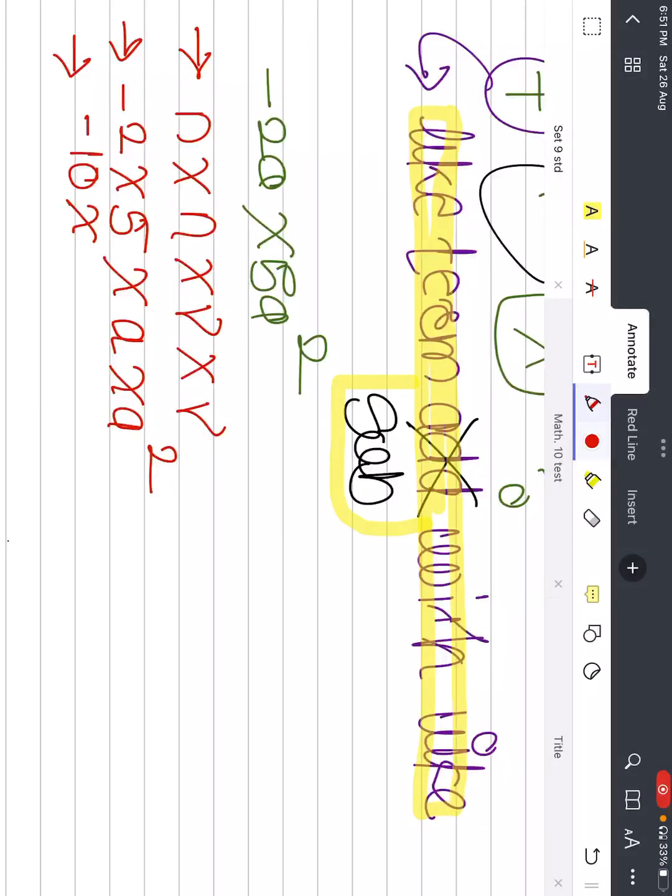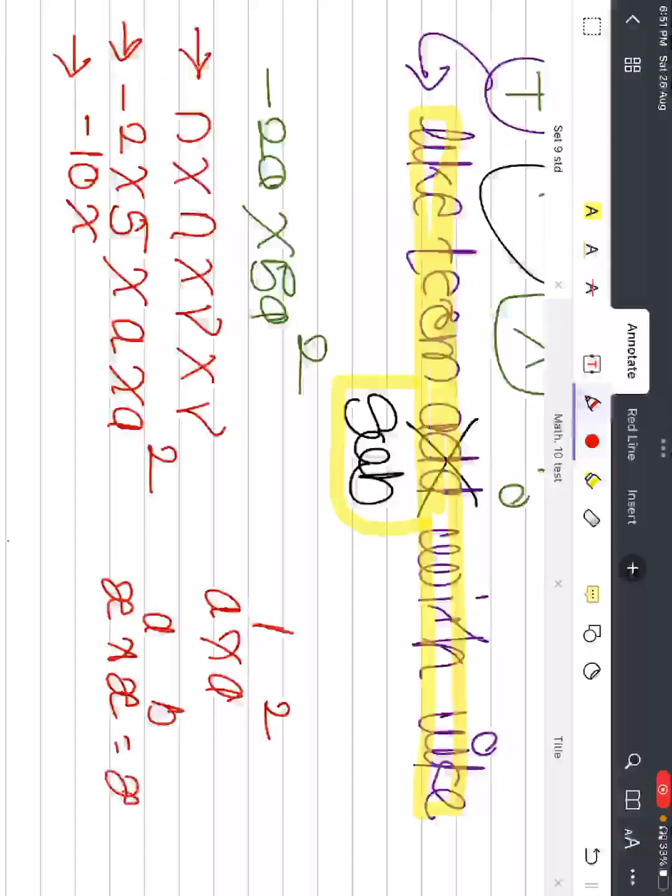We know the exponential law: in general, x raised to a into x raised to b, we write as x raised to a plus b.